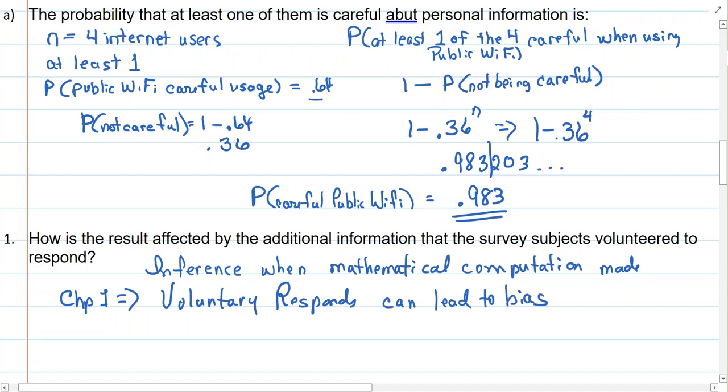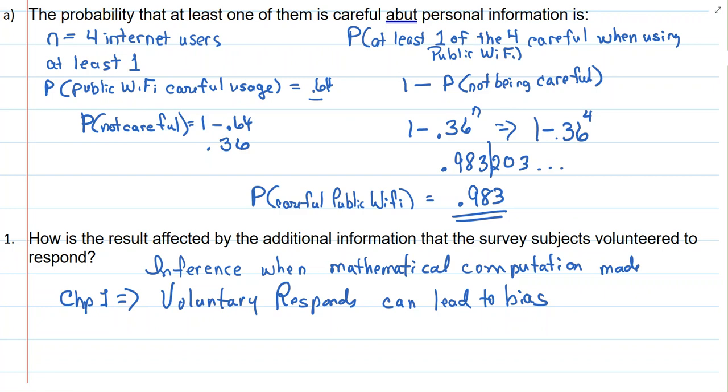Well, people that are definitely not going to give out information on a public Wi-Fi are going to respond, saying, heck no, I'm not doing that. Whereas the ones that do say, I don't even care. So it might lead to a bias, a misconception of the data.